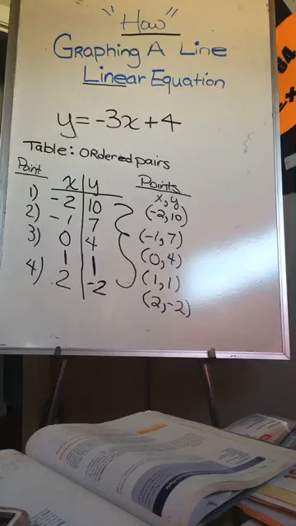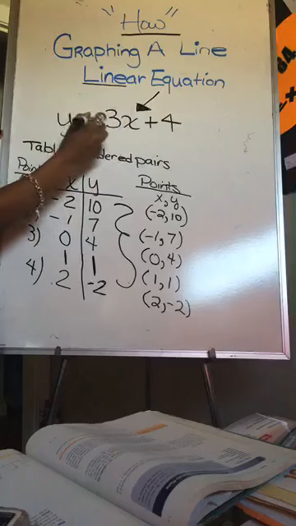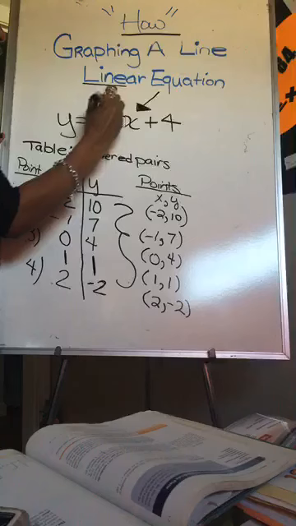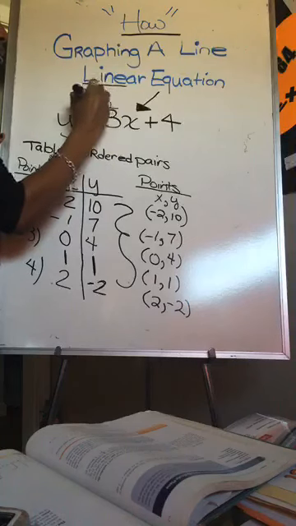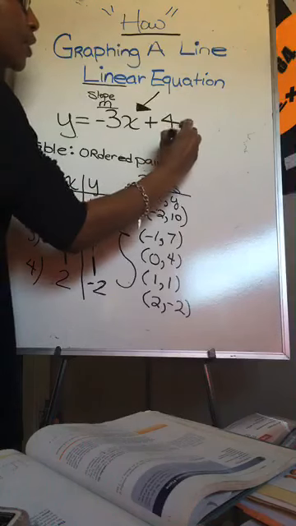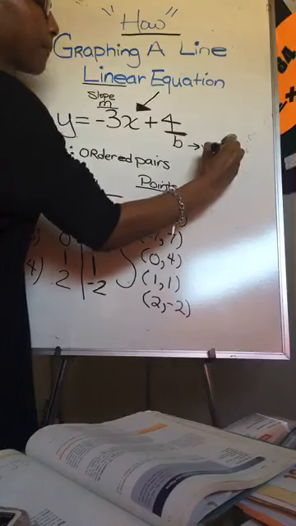Just want to make sure this is our equation here. This is called our linear equation: y equals -3x plus 4. Remember, this is your slope here. M is your slope. And 4 is your b, which is called your y-intercept.